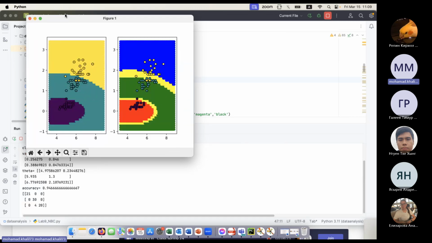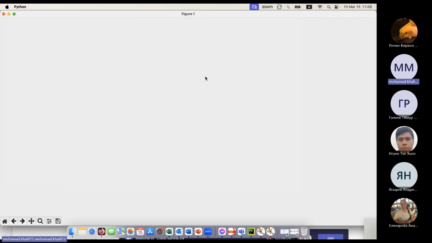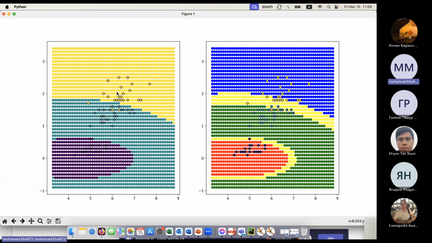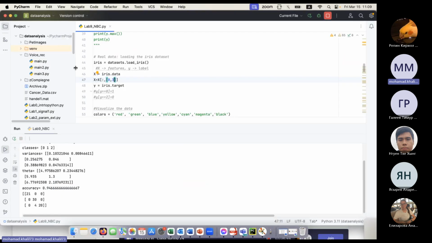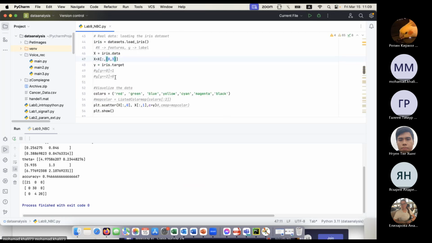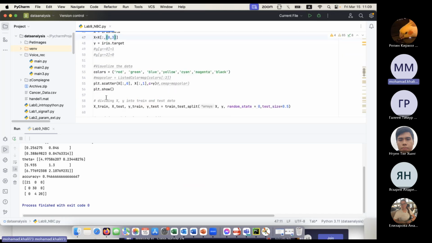Here is the classification without any interface. And here it creates red, green, blue, and then yellow. Here is the red, the green, the blue, and the yellow.